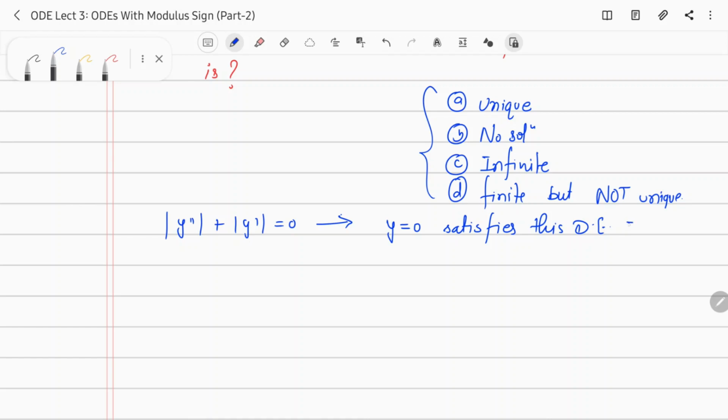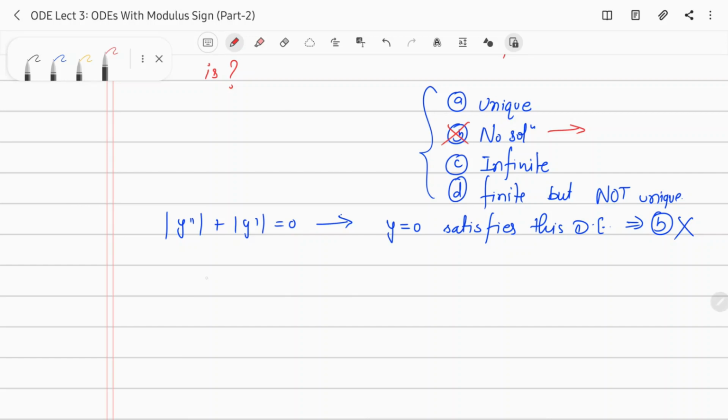So in that case, option B will be wrong, right? Why will option B be wrong? Because option B says no solution, but y equal to 0 is a solution of this differential equation. So option B is clearly wrong. Now let us see other options.